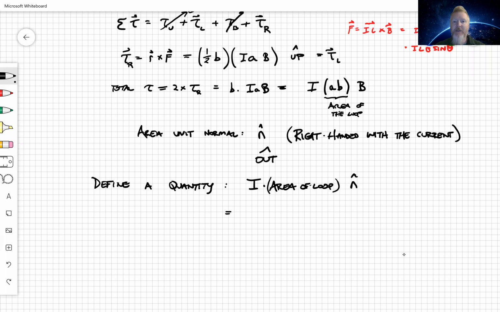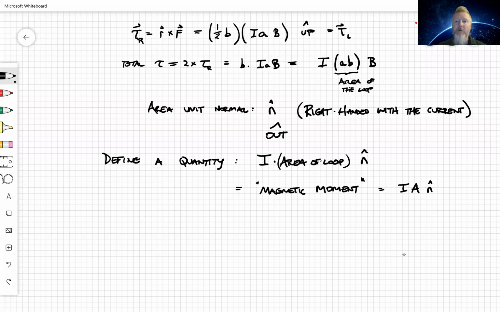So the torque is going to be up, and that's produced by crossing this n hat vector with the B field. The n hat vector multiplied by I, the electric current, times the area of the loop, makes a certain quantity, which we're going to call the magnetic moment. The magnetic moment is equal to I A n hat, where n hat goes with the current right-handedly.